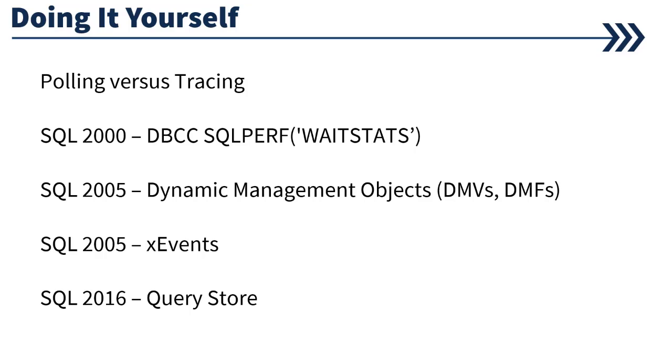As a consultant, this is one of the dirty little secrets we have: we simply turn on Query Store in databases when we're trying to troubleshoot performance problems, and it's going to gather a huge amount of information that we want to see simply by flipping it on, and it's extremely low overhead.